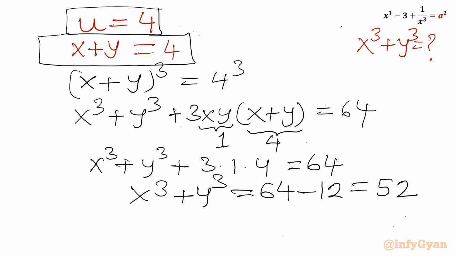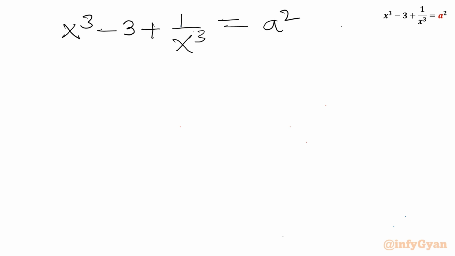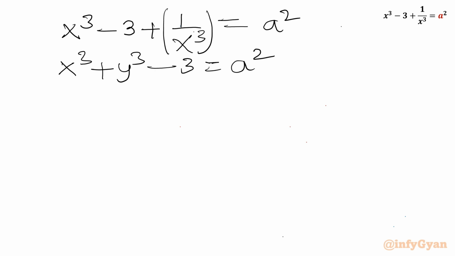Now left hand side, x³ + y³ − 3. Let me write here x³ − 3 + 1/x³ = a². Now I can write this x³ and this value is y³. Minus 3 = a².